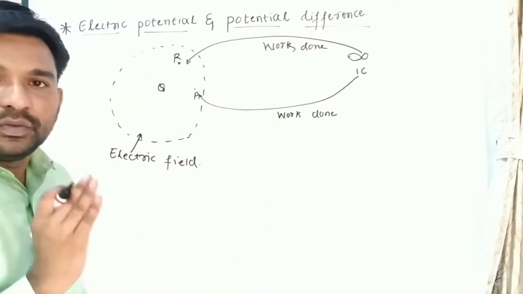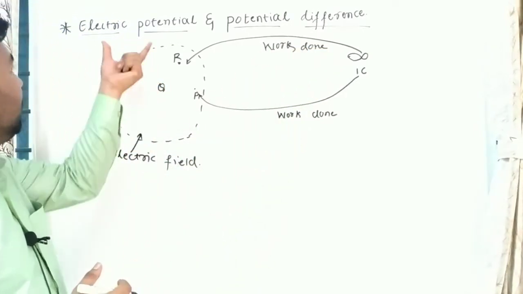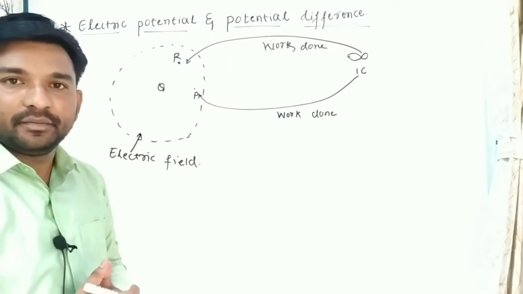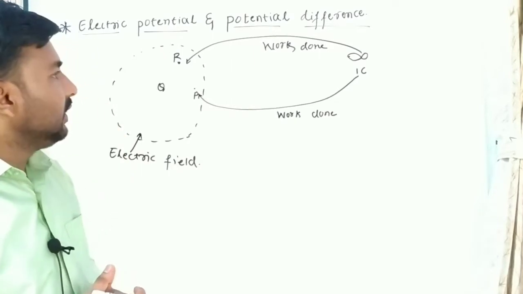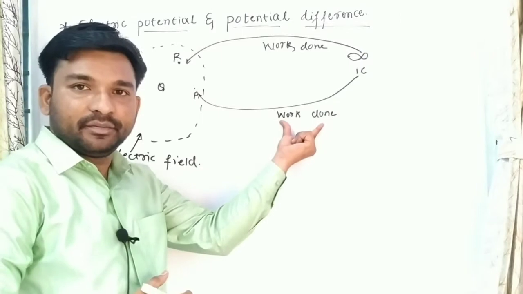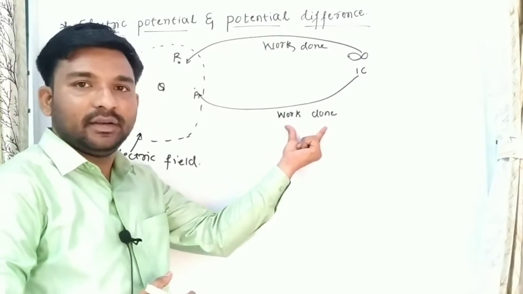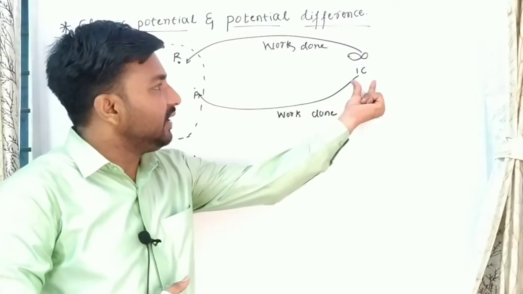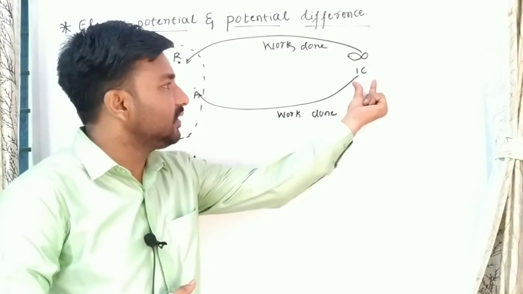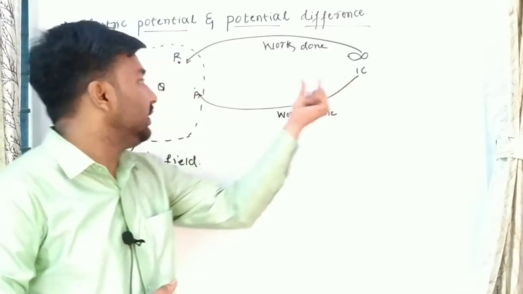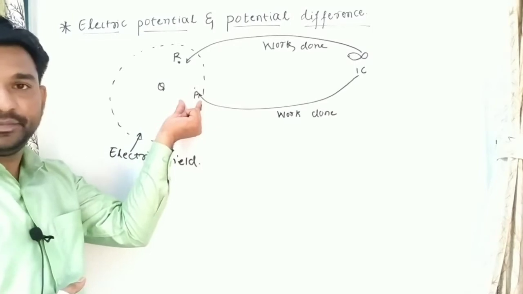So the meaning of electric potential is the work done in bringing the charge from infinity to the point.